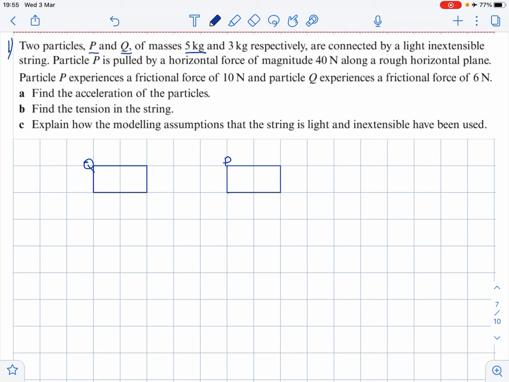Remember writing in the order: P is 5 kilograms, and Q is 3 kilograms. And they are connected by a light inextensible string.